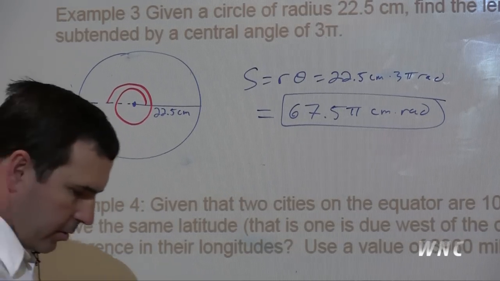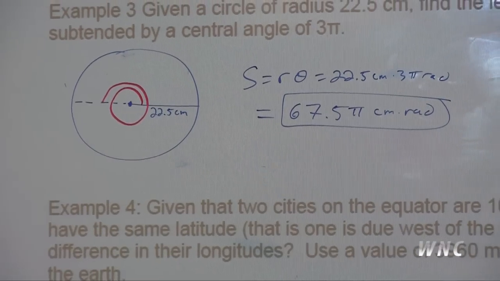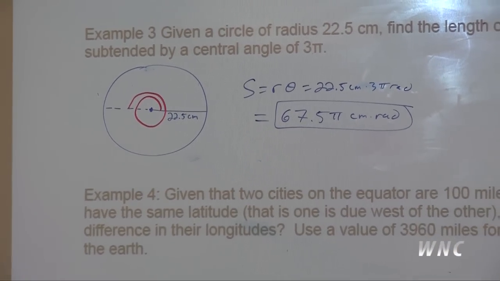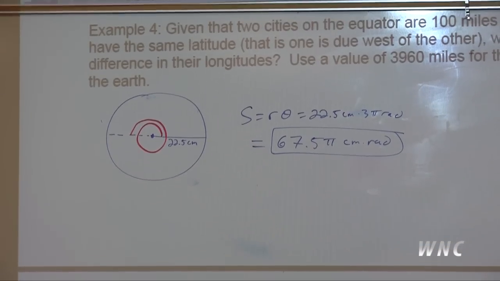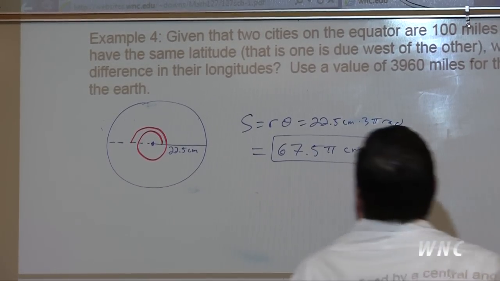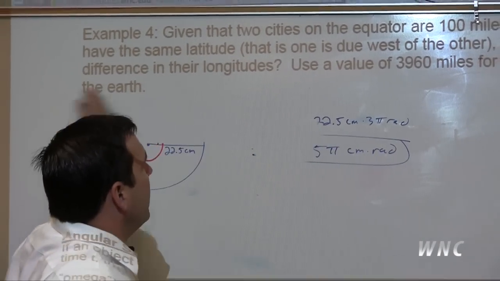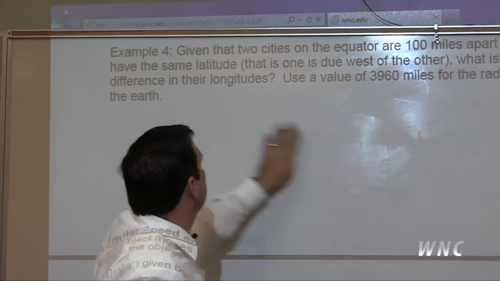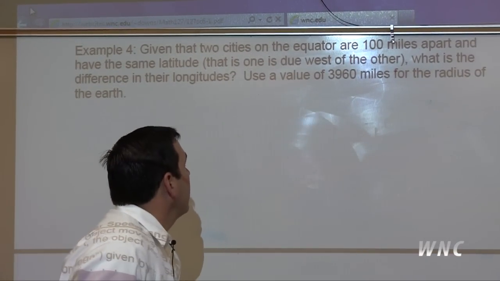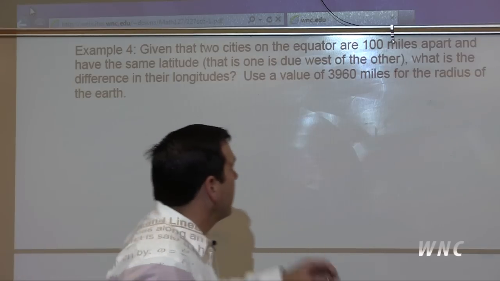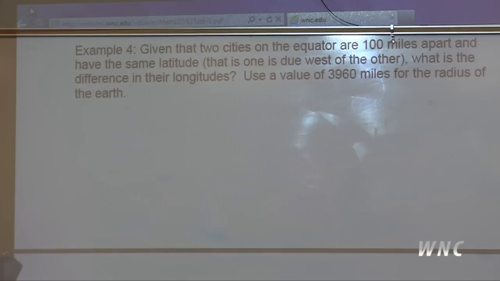Next one, I probably should scroll up a little bit, give myself more space. Given that two cities on the equator are 100 miles apart and have the same latitude, that is, one is due west of the other, what is the difference in their longitudes?